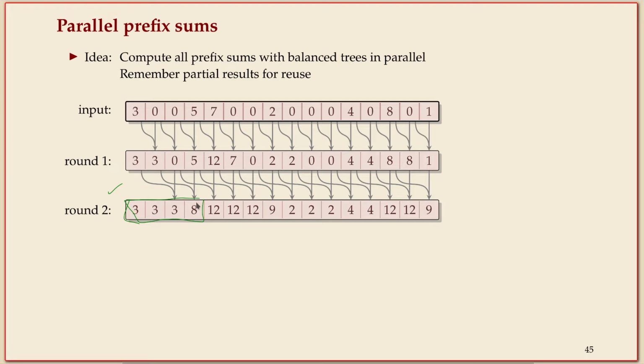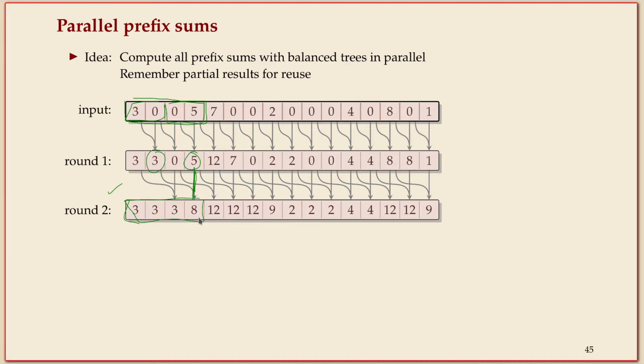If you look at the 8, that one was supposed to sum up the 4 values in the original array, which is this part. And the 8 summed up this and this entry. And they each were the sum of these 2. And so after the 2 rounds, this position indeed contains the sum of the first 4.